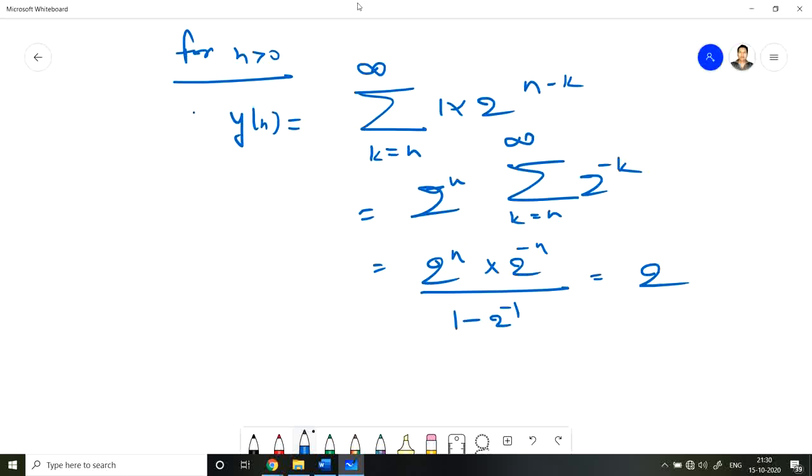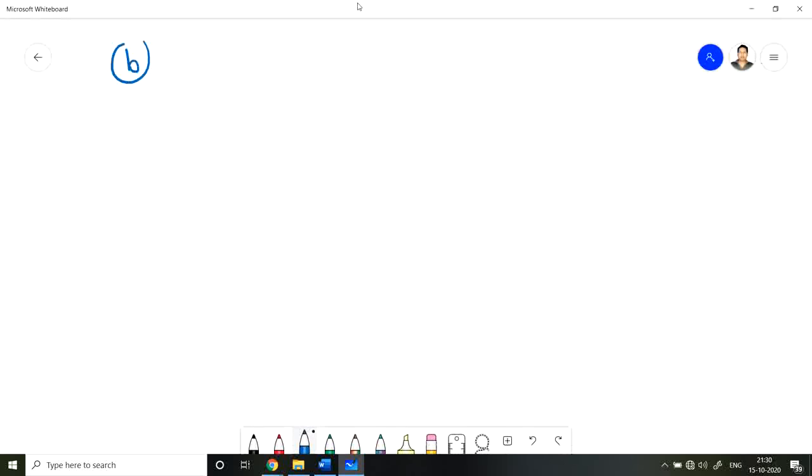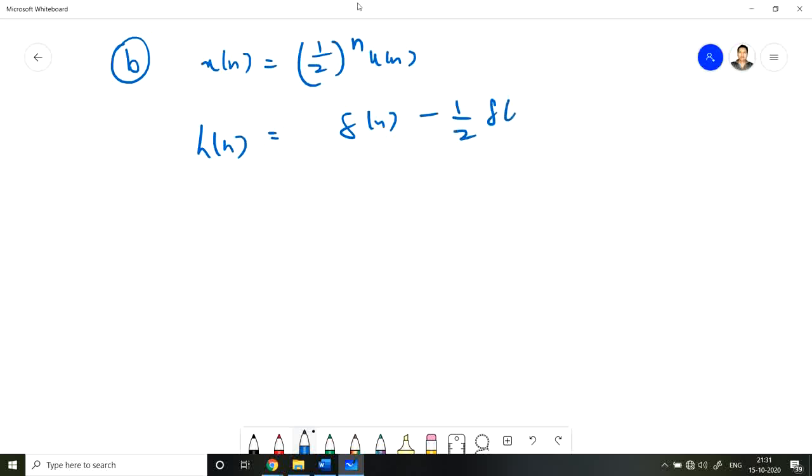Now comes another part, that is part B of the problem. In part B, xn is given. What is the value of xn? The xn is nothing but 1 by 2 raised to the power n un, and hn is del n minus 1 by 2 del n minus 1.